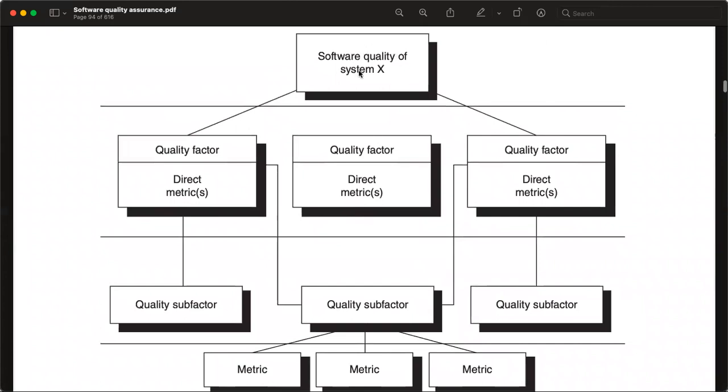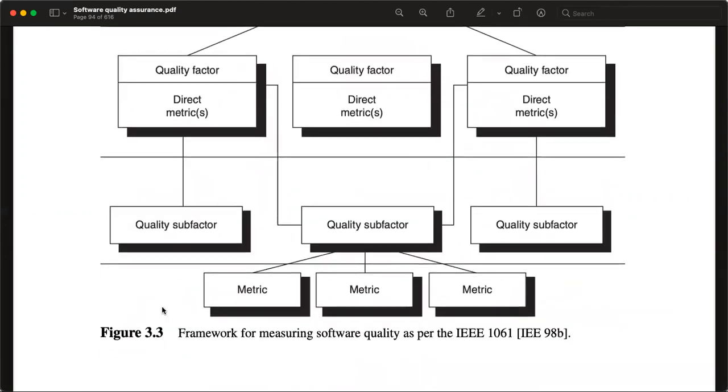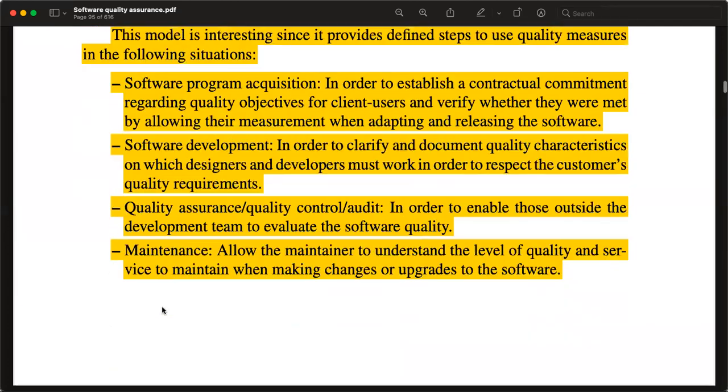Each software quality has a certain specification, and we assign some quality factors to that, and each factor has quality metrics, and a quality factor can also be subdivided into subfactors, and in the end we design some metrics to measure the quality subfactors, all merged into a single factor.